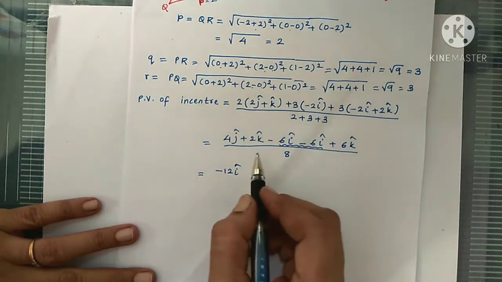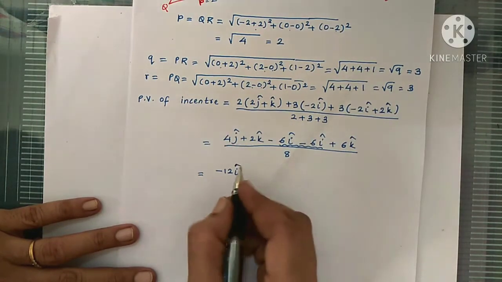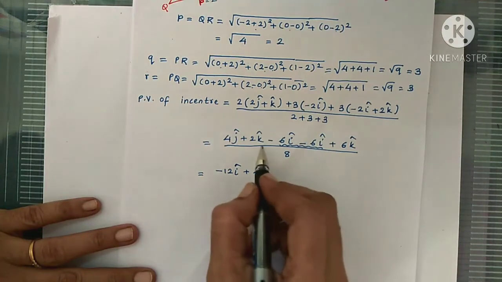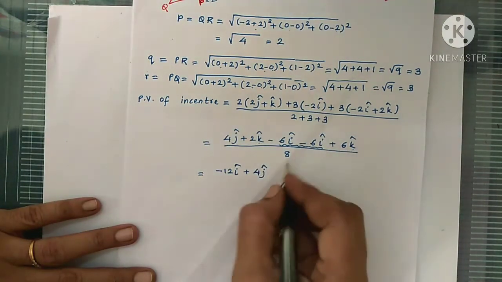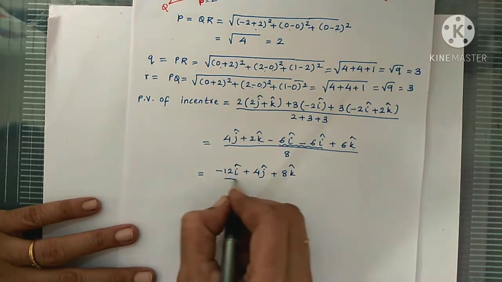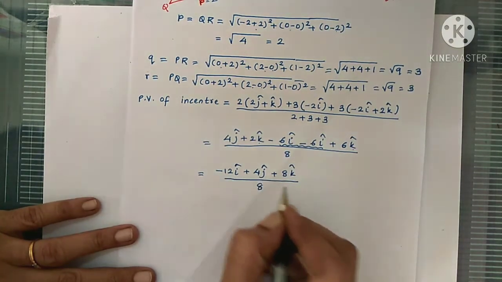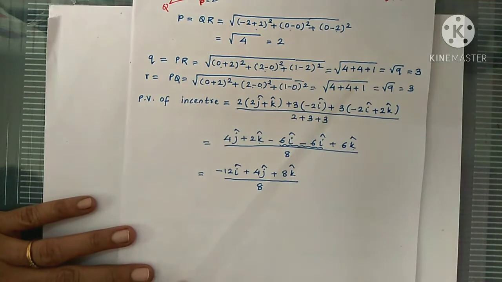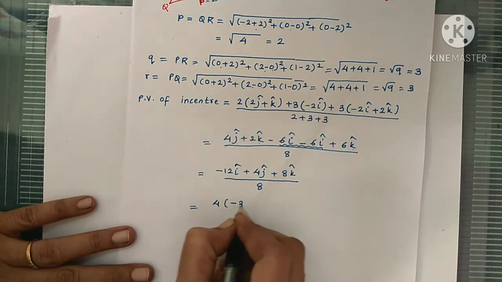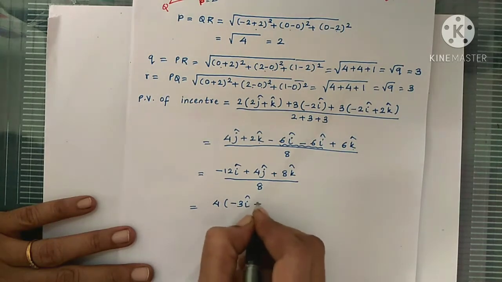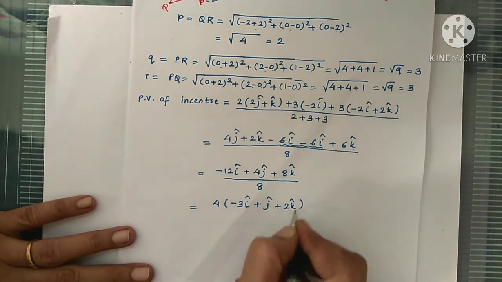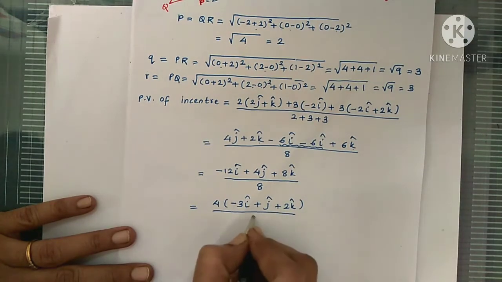Next one is j cap. We have only one term with j cap, that is 4j cap. Term in k cap is 2k cap plus 6, that is 8k cap, divided by 8. We can take 4 common from this, so taking 4 common, we have minus 3i plus j cap plus 2k cap, upon 8.